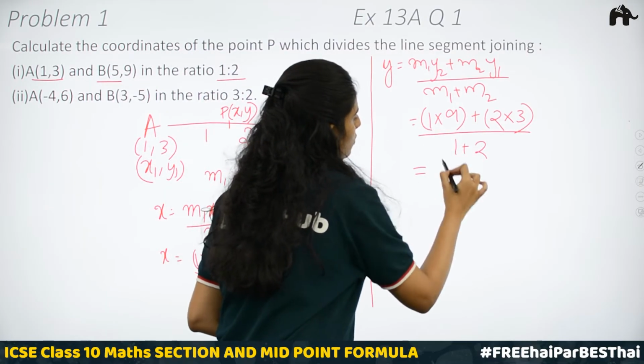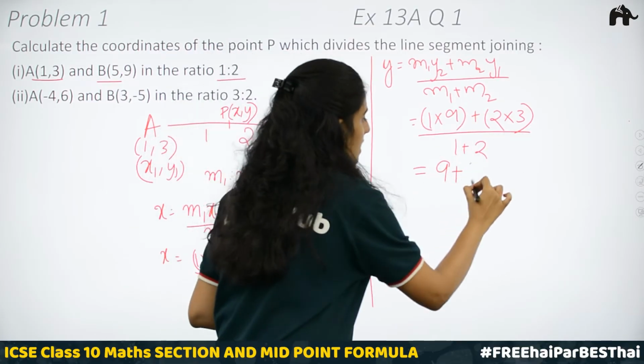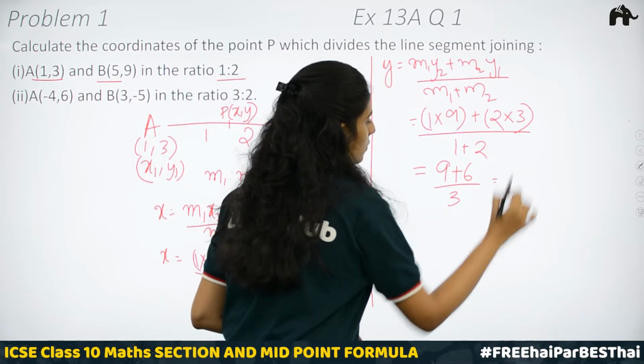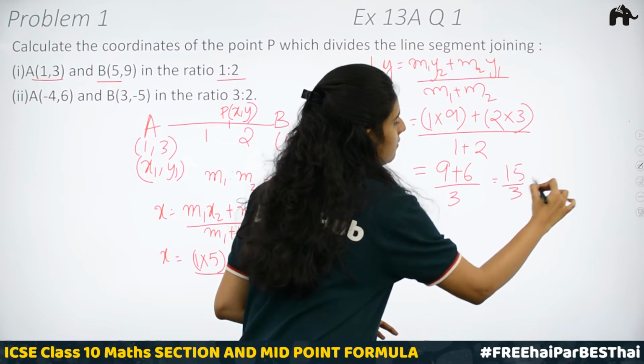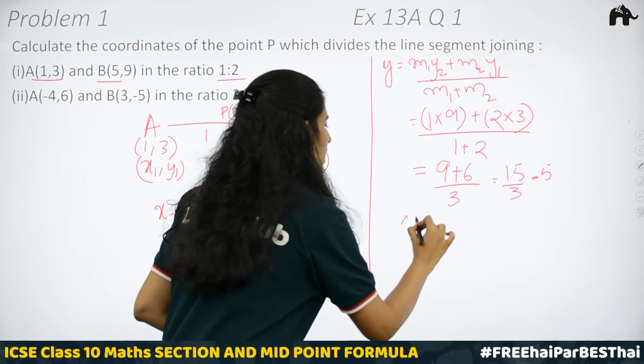That is equal to 1 into 9 plus 2 into 3, 6, divided by 1 plus 2, 3, equal to 9 plus 6 is 15. 15 by 3 we get 5, which is our y coordinate. Y coordinate is 5.